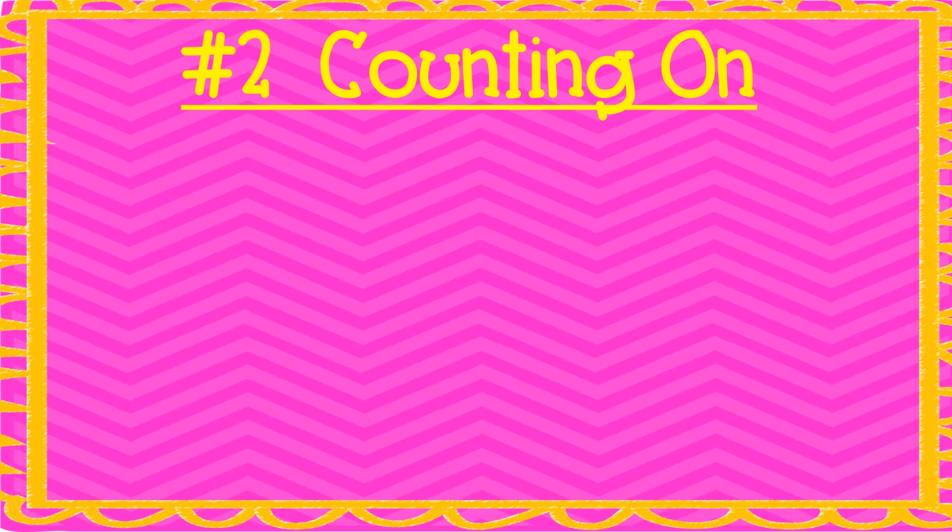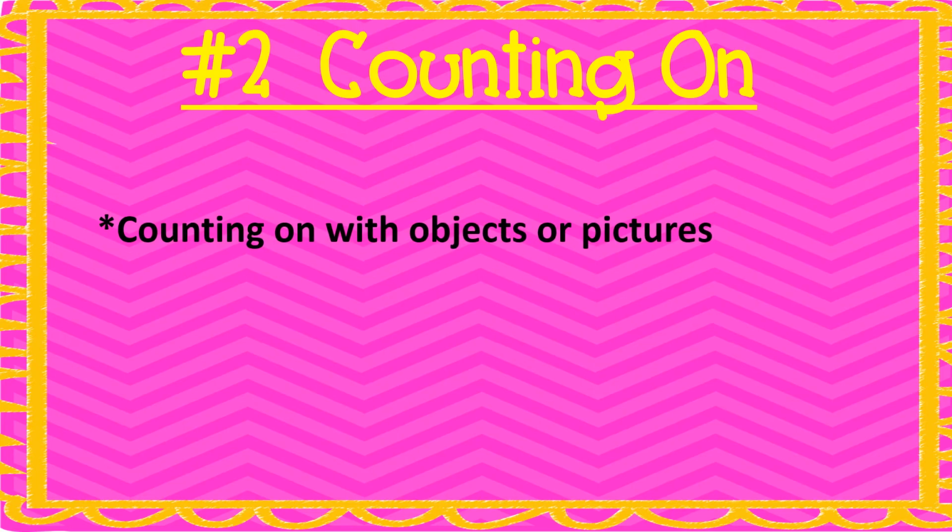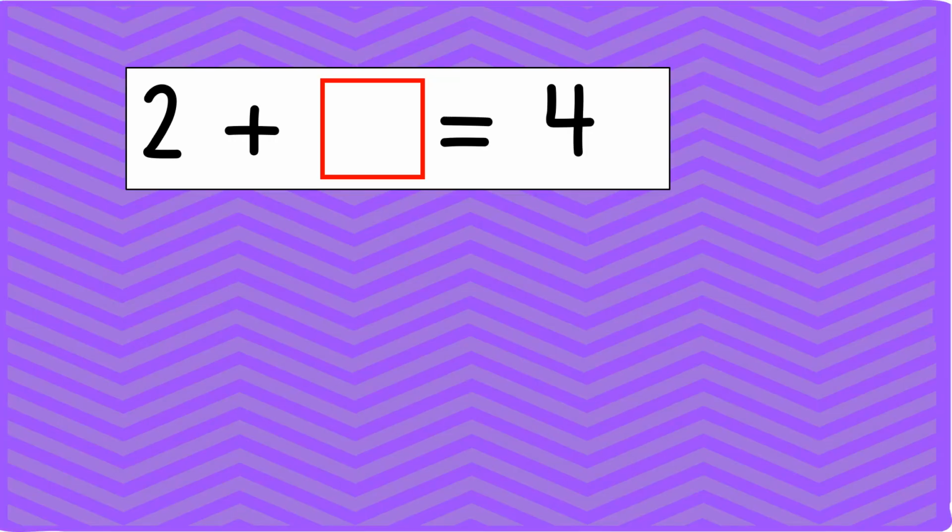Strategy number 2, counting on. We are going to count on with objects or pictures. So here we have the equation 2 plus blank equals 4. First we're going to put 2 balls.